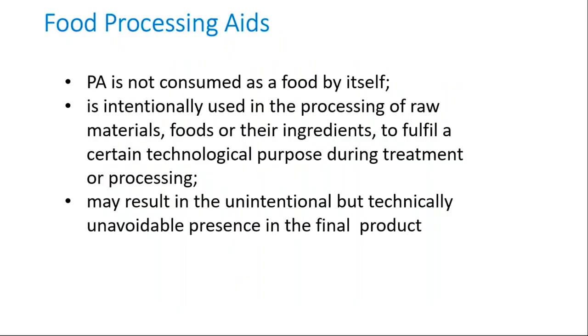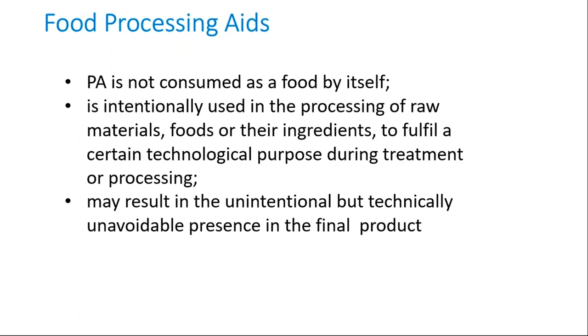Then we come to another important category, food processing aids, which are similar to food additives, yet different from food additives. Processing aids, unlike food additives, need not be listed in the list of ingredients, because they are only used as a processing aid.